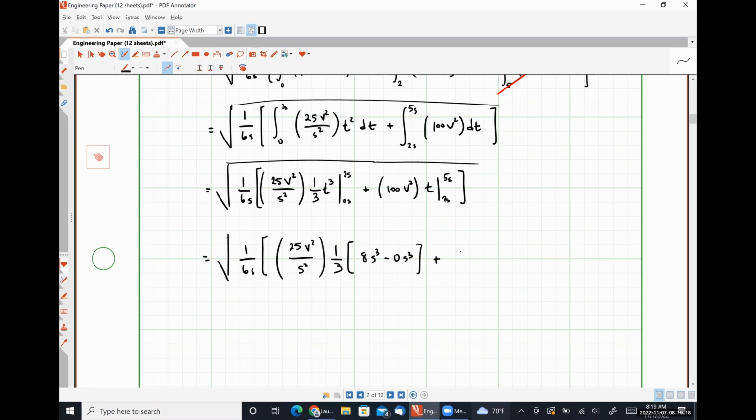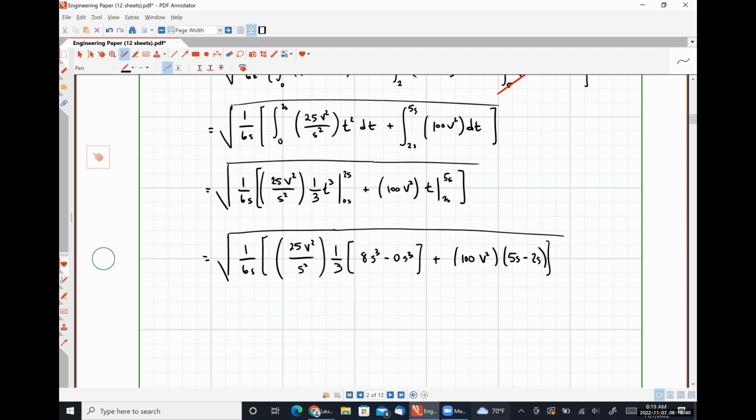And then over here, we're going to have 100 volts squared times 5 seconds minus 2 seconds. Close that off. Trying to pay attention to the units here.